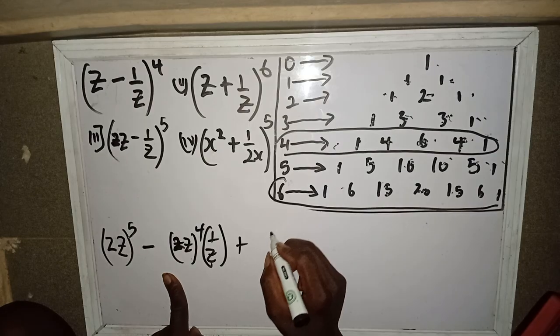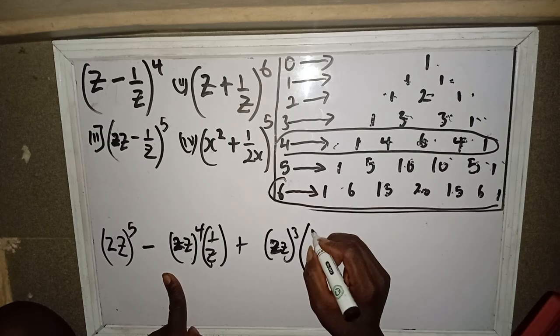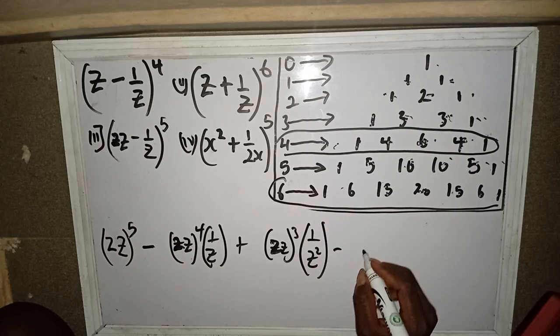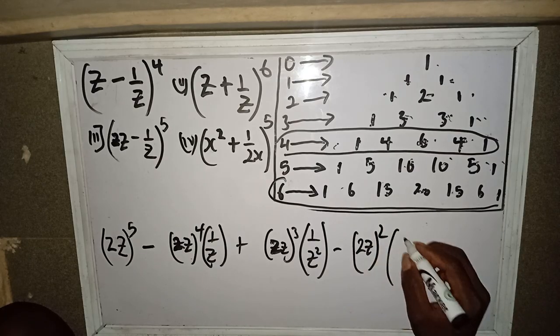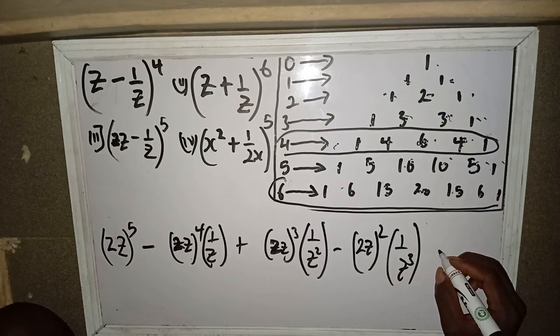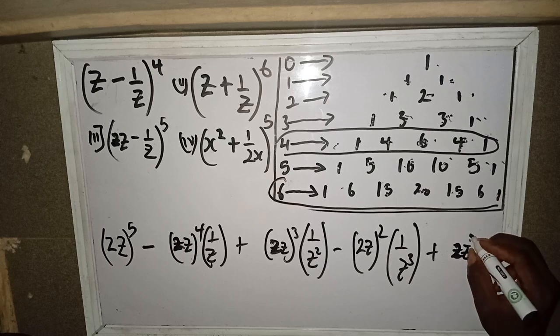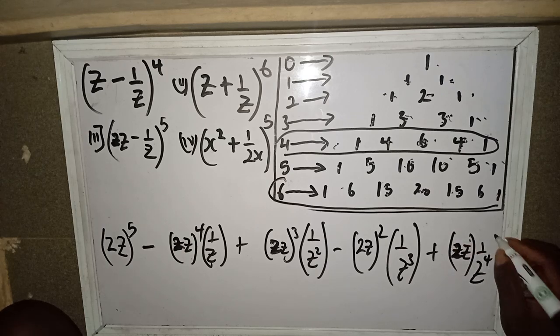Then the next one plus, you have (2z) to the power 3 times 1 over z square, plus minus (2z) square times 1 over z cube, plus 2z times 1 over z to the 4.